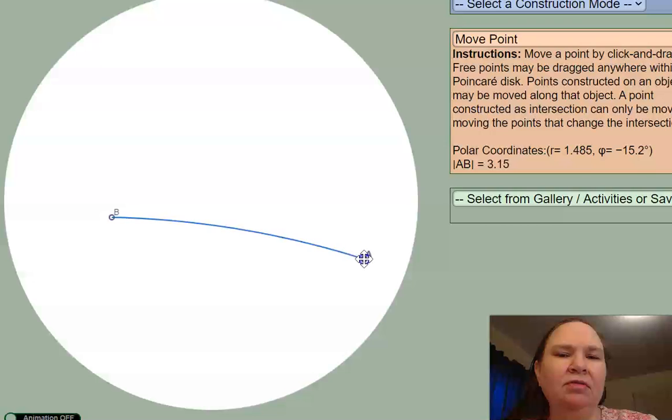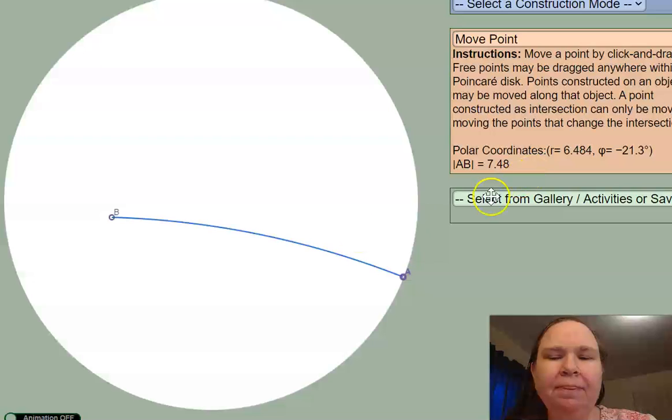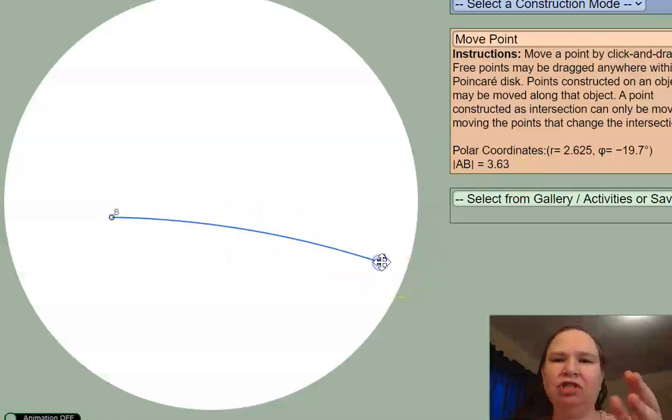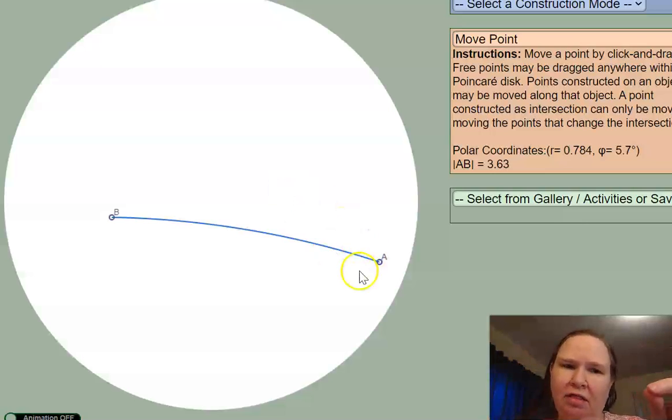And I'm going to move this point out towards the edge of the disk, and it gets significantly bigger, 7.48. Now I said that was infinitely far, but of course the computer is kind of restricted to pixels. Part of the distance formula is that you are dividing by the distance from that point to the edge of the circle.